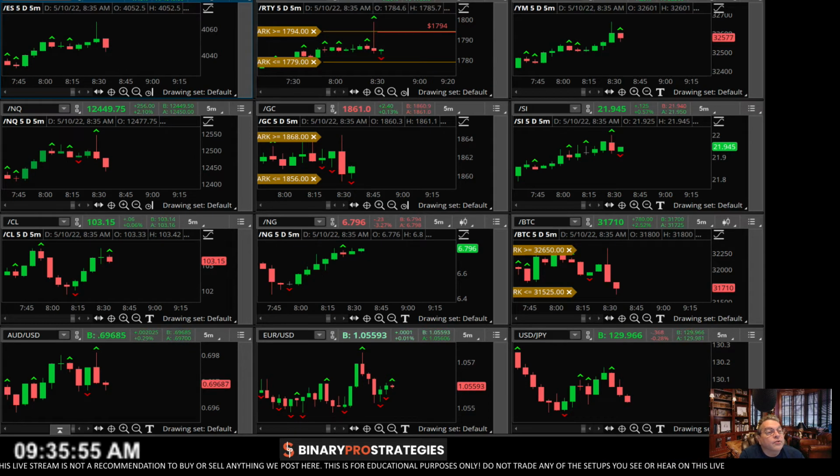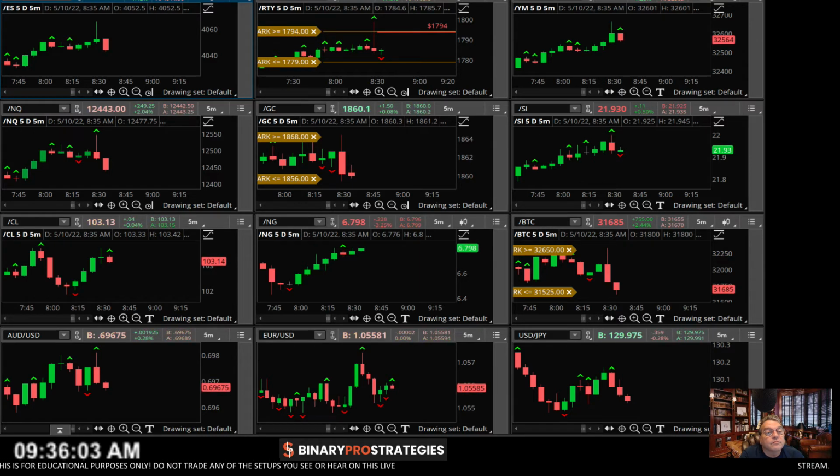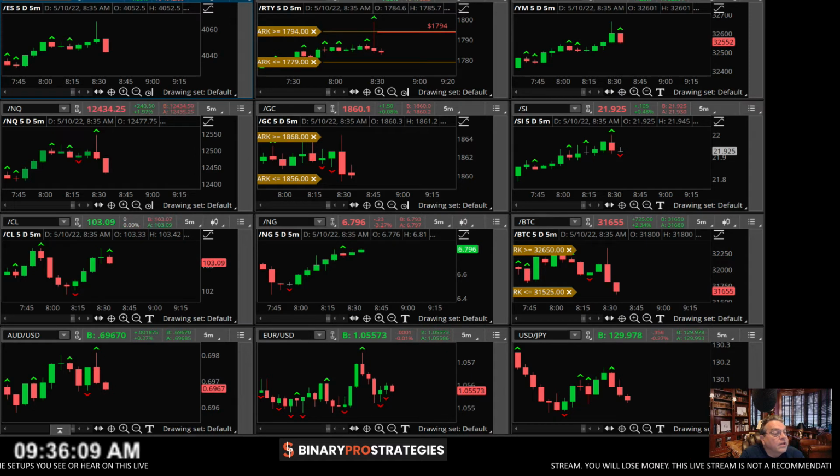ES also triggered short, and as well as the mini NASDAQ NQ also triggered short. Unfortunately, coming in late on this ES, but target on ES is going to bring it down to 40.41.